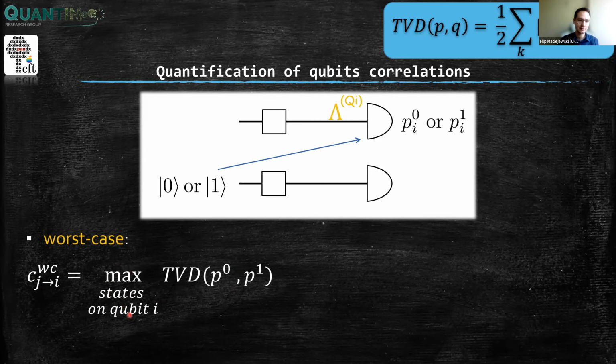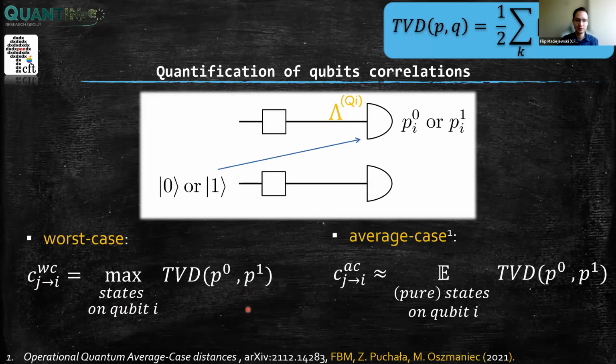This is the worst case because we maximize over all possible states that I can measure on qubit I. But we can also consider an average-case measure, which tells you not the maximal difference in this total variation distance, but the average, where the average is taken over pure states on this qubit I.